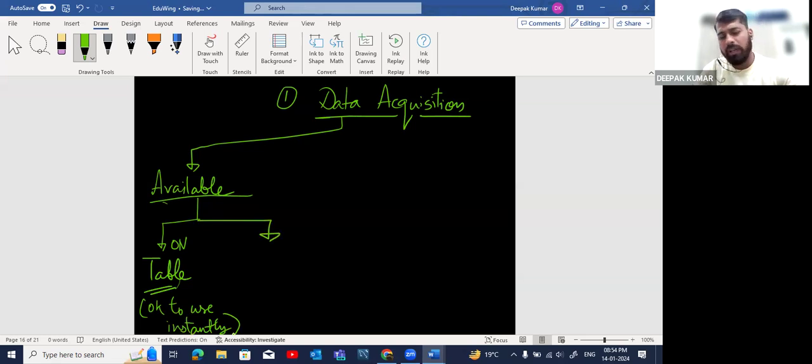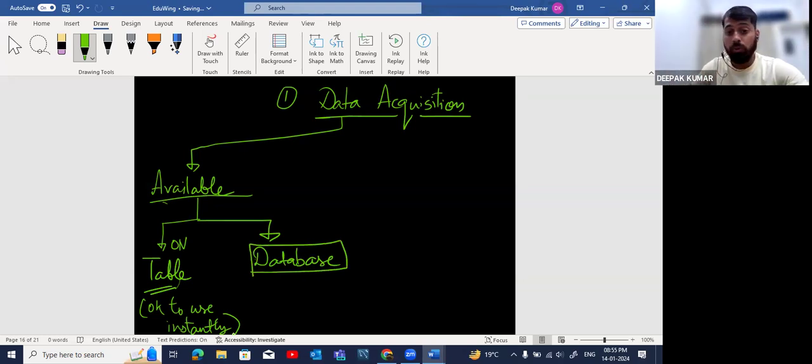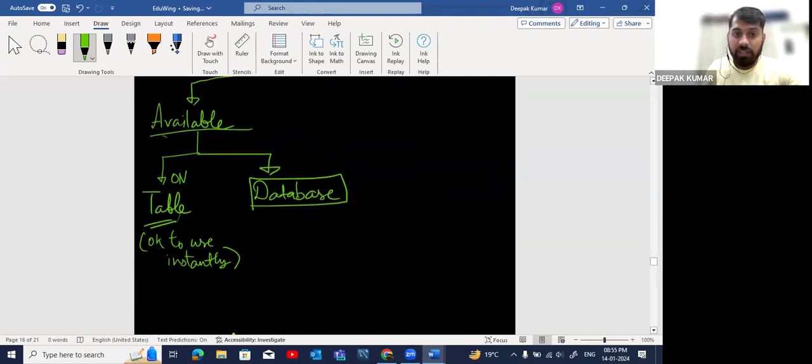Then, if it is not on the table, you need to request somebody to provide you with the data. Then we call it, it is in the database. Database we have seen inside the data warehouses. So you can ask your data engineer to provide you with the data, because a database is a set of tables where the tables are kept in a vertical format and in a horizontal format.